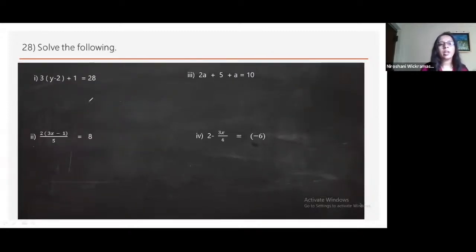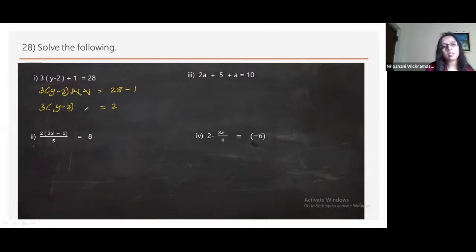28. Solve the following. This is related to simple equations. 3 times y, it is easy. 3y minus 2 plus 1 equals 28. Write the additive inverse of plus 1, minus 1, then 28 minus 1. Now cancel out plus 1 and minus 1. 3y minus 2 equals 28 minus 1, 27. Now multiply this side by the reciprocal of 3, 1/3, here also 1/3.